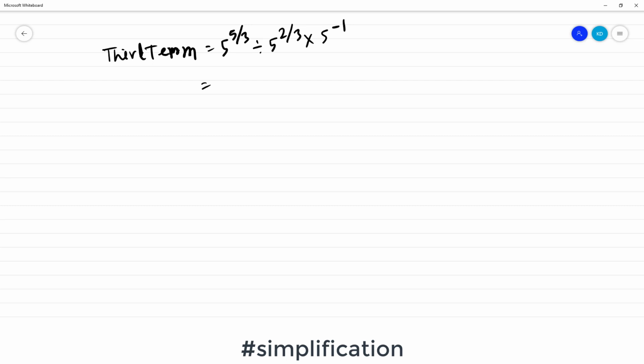So from this we get 5 to the power 5 by 3 minus 2 by 3. So when we are going to divide, we can write like this.